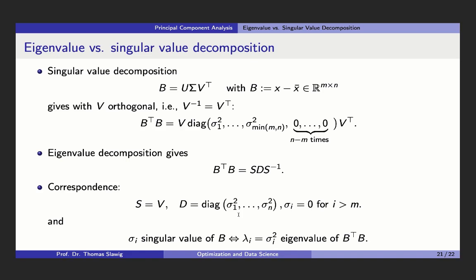Okay, and the main point also is that the singular values squared give the eigenvalues of B transposed B. The eigenvalues we saw in this matrix, because it's positive semi-definite, are all non-negative. So this can be seen here also with a square.